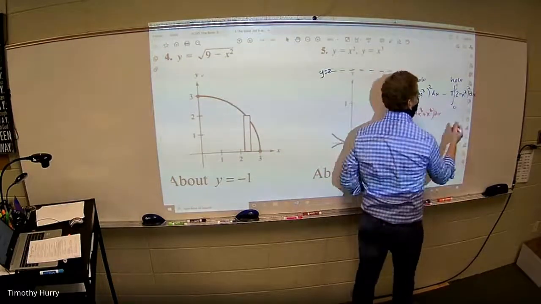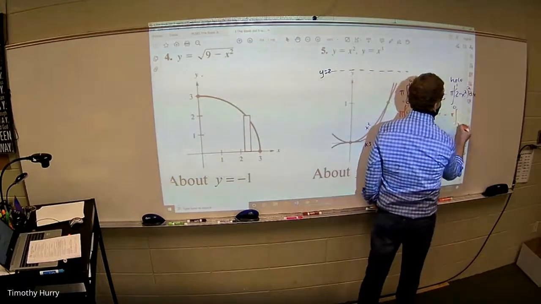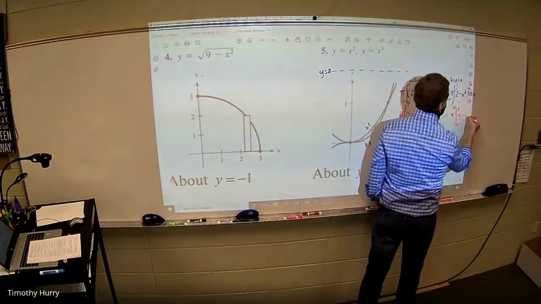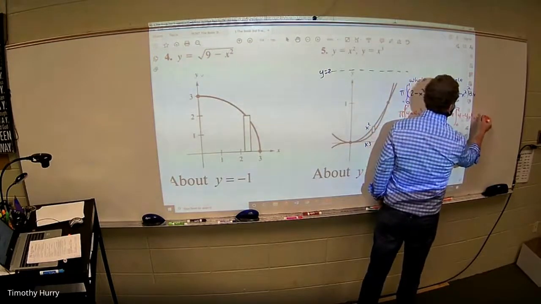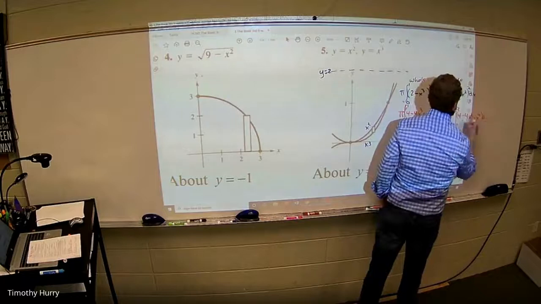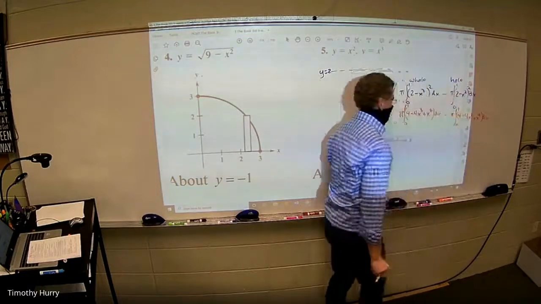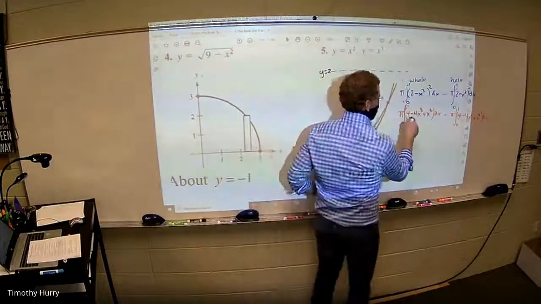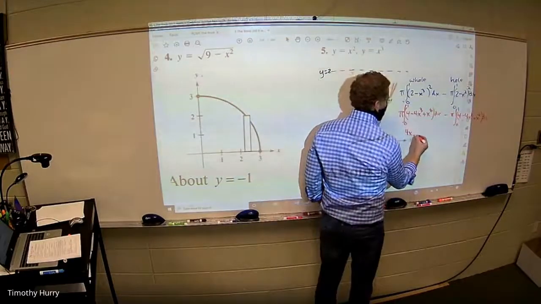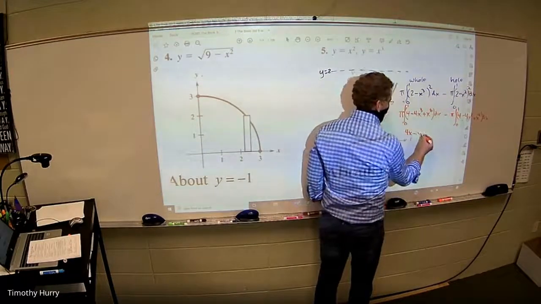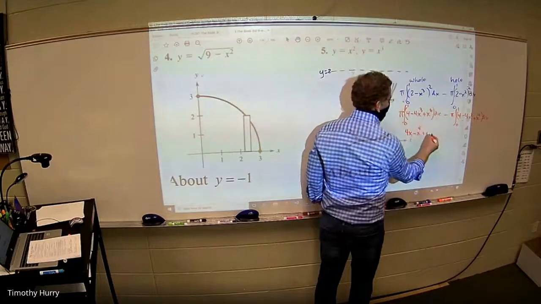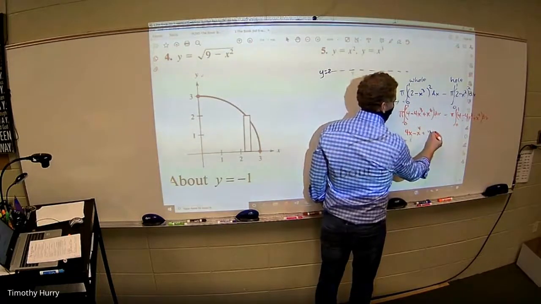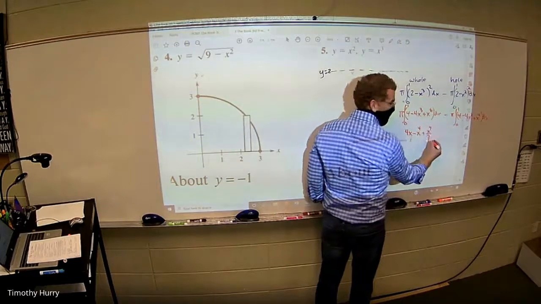What do I get here? 4 minus 4x squared plus x to the 4th, 0 to 1. How do I integrate that? 4x minus x to the 4th plus x to the 7 over 7.